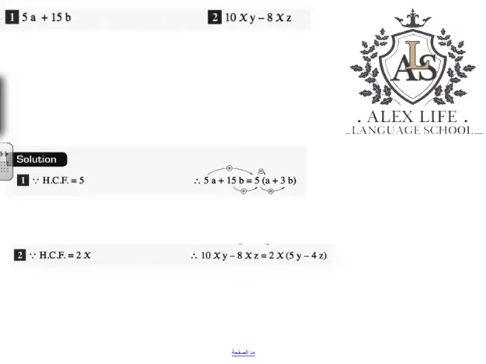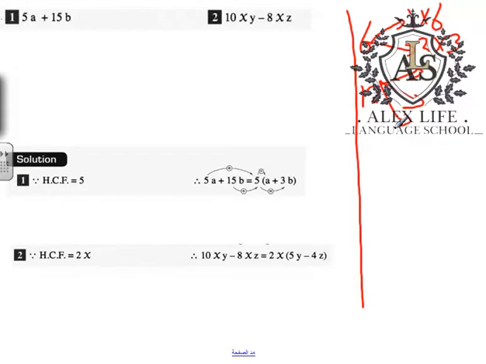The next. We studied that before, factorizing by getting the HCF. What's the meaning of HCF? If we have two numbers like 6 and 12, I want to know the factors of 6 and the factors of 12. 6 is equal to 1 times 6 and 2 times 3. Also 12 is equal to 1 times 12, 2 times 6 and 3 times 4.